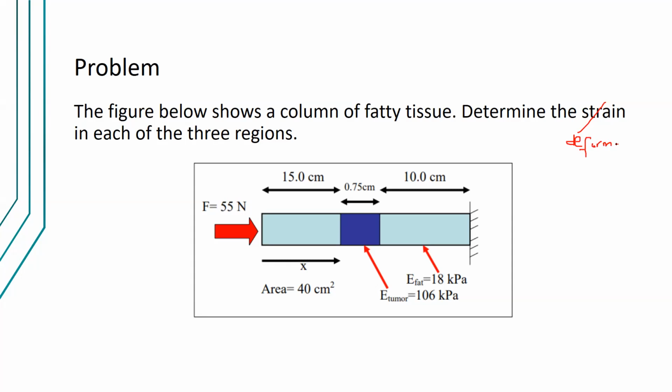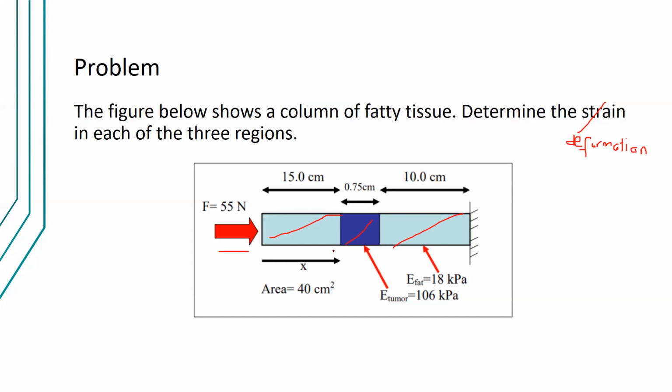Deformation. So I have here a force of 55 Newton. What will be the change in length in this section, in this section, and in this section? But I'm going to compute only for this section.